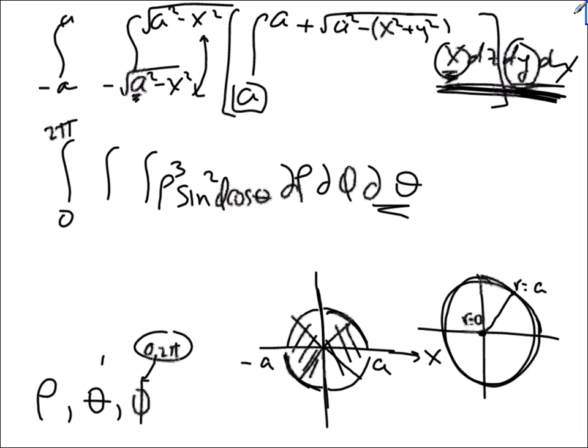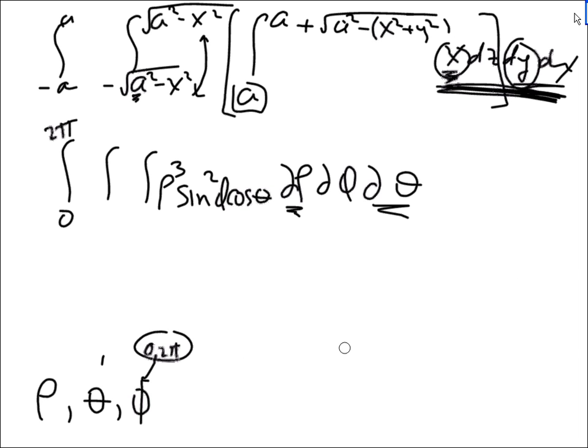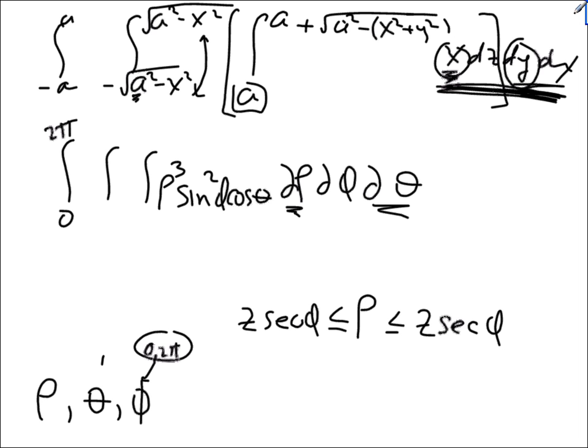Okay. Now, what does rho go from? We know that rho is in between z secant phi and z secant phi. So what does z go from? Let's draw z.